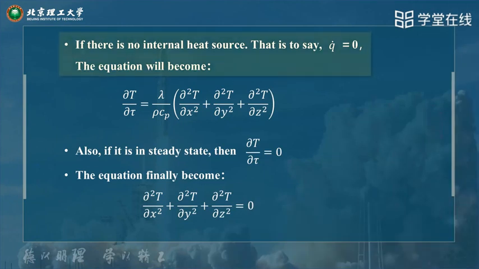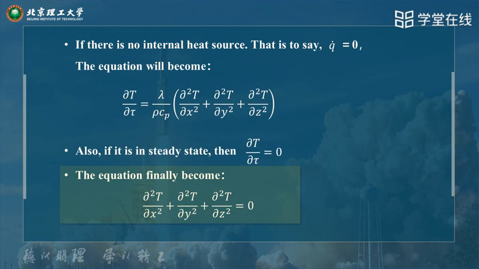If there is no internal heat source, that is Q point is 0, the equation will be simpler, with fewer terms. In this case, partial T partial tau equals lambda over rho Cp times partial T power second over partial x power second plus three terms. Also, if it is a steady state, partial T partial tau equals 0, no change with time.